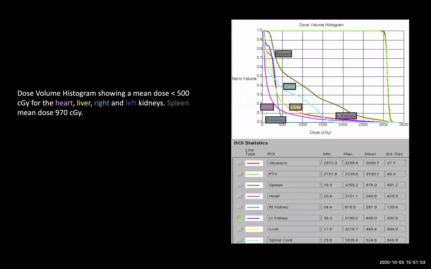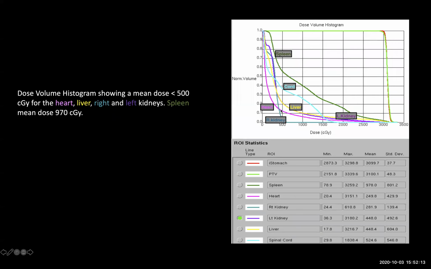This is the DVH showing exactly what I wanted you to pay attention to, how we have the liver, the heart, the kidney, etc. The numbers are excellent, but then at the end of the day, it is very important to look where the dose landed and how much of the dose landed there.